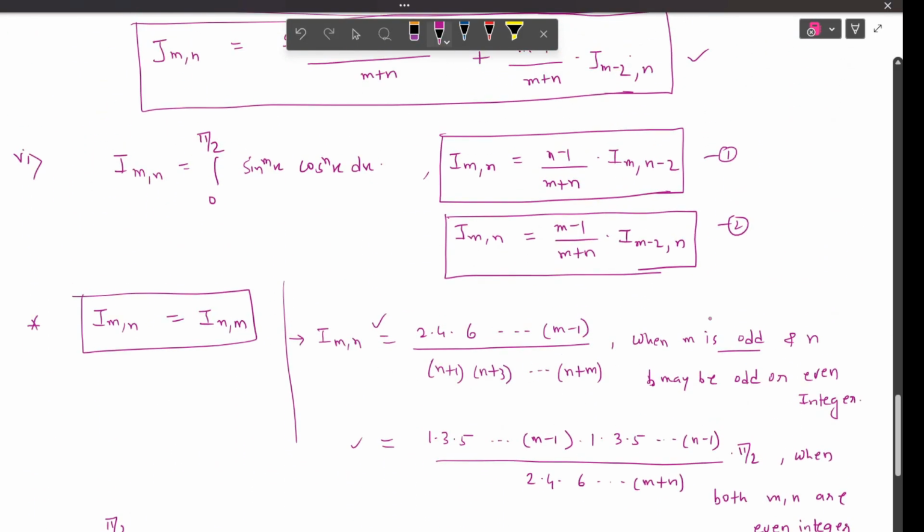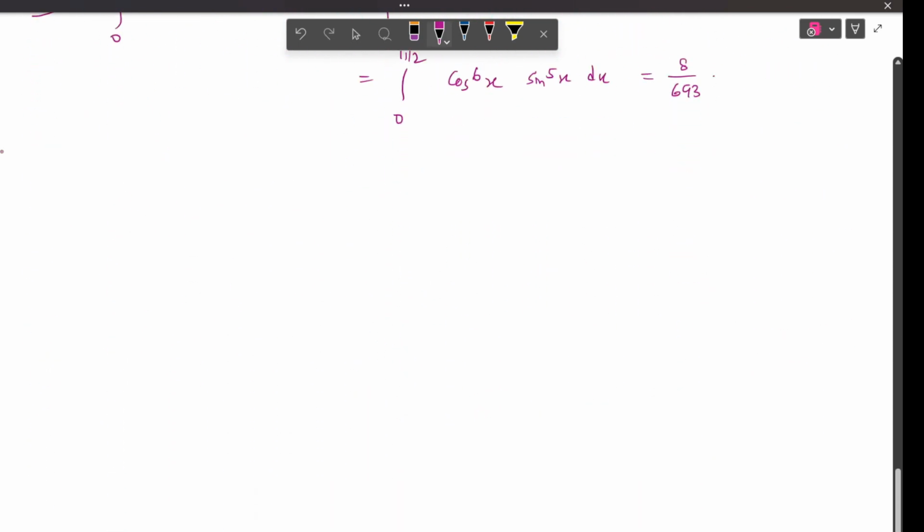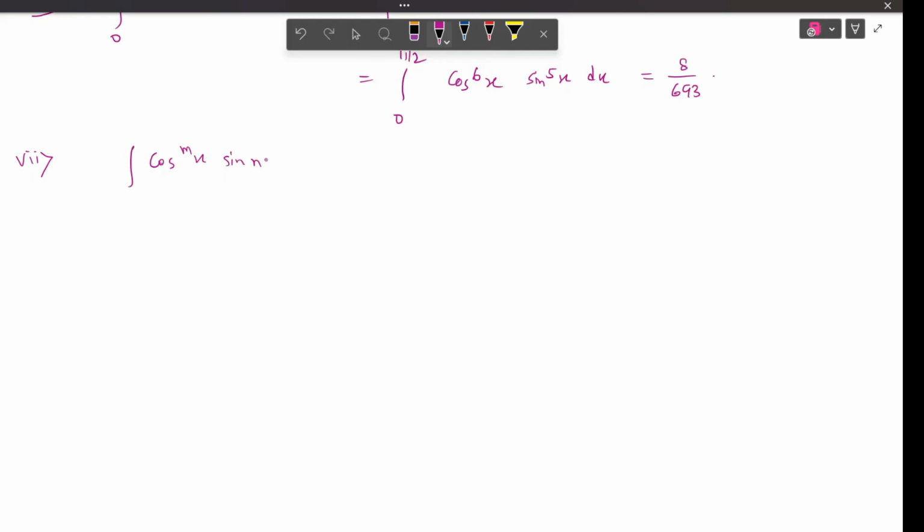Okay. Now let us see our next reduction formula, that is number 7. This is integration cos to the power mx sine nx dx. Let us say it is j m comma n.